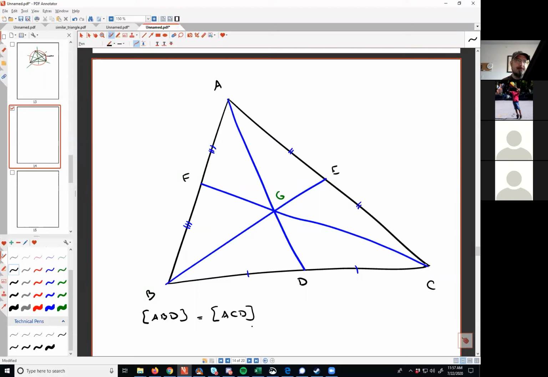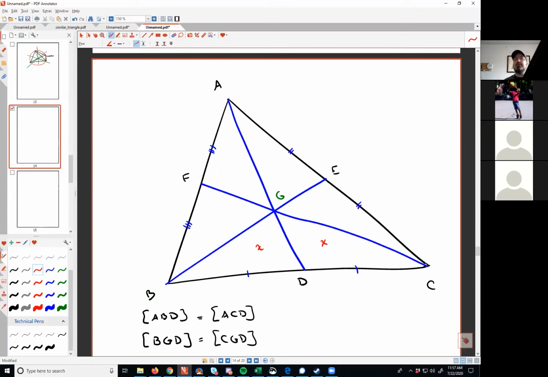Triangle BGD and triangle DGC. Good. And with these 2 smaller triangles, I'm going to throw down variables. I'm going to say X is the area of this triangle, and therefore X must be the area of that triangle. That's BGD and CGD.